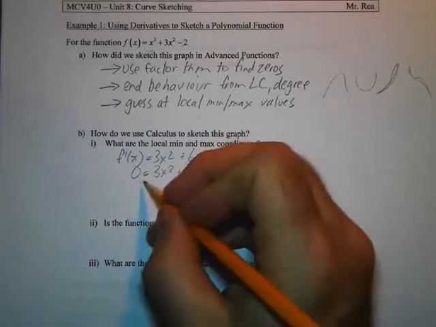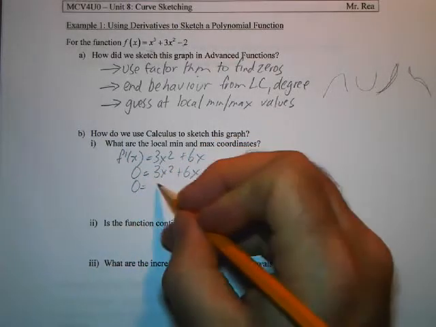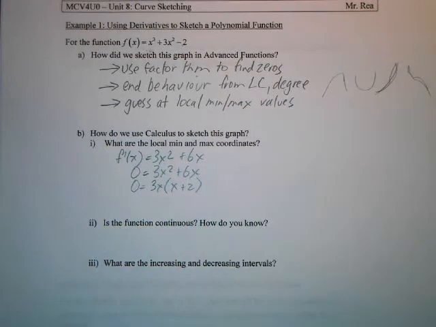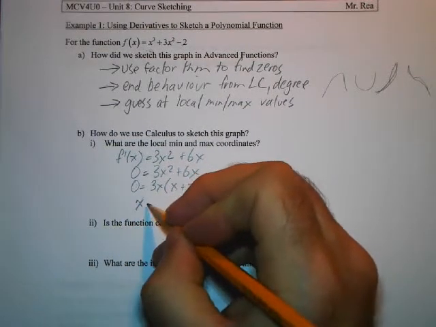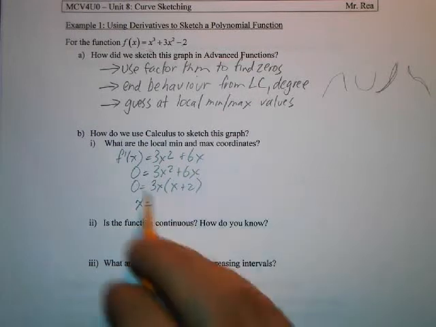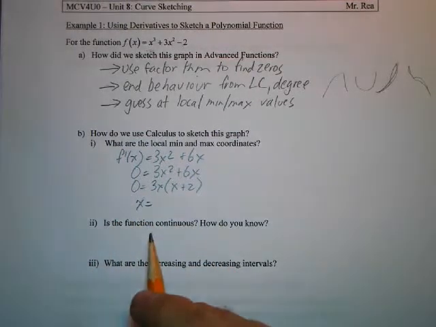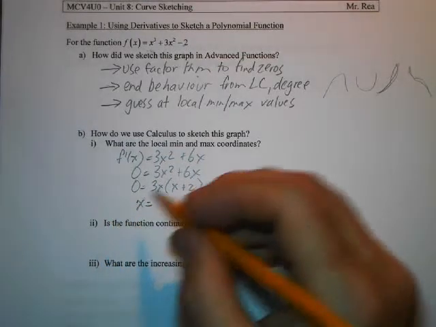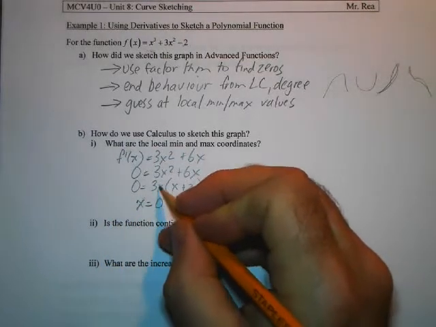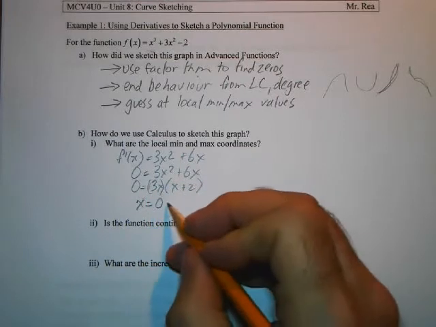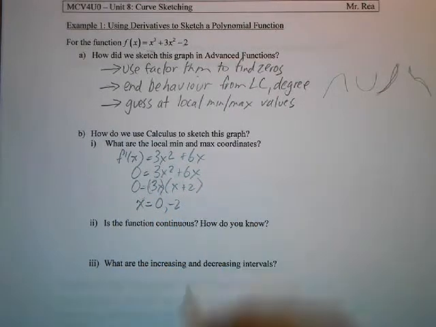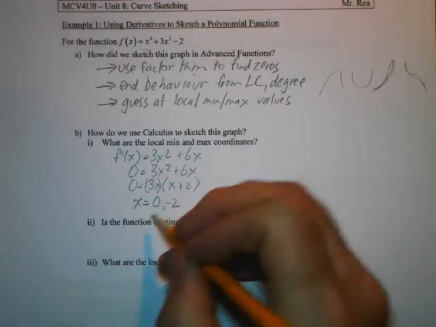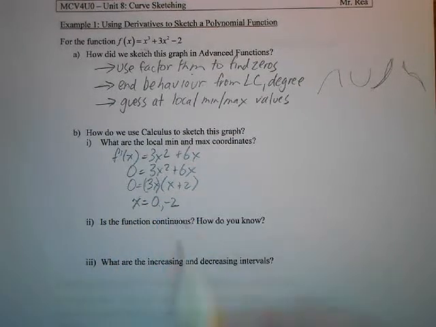So one thing we can do here is factor out 3x, and we get x plus 2, and that tells us that the values of x that have a horizontal slope, or a slope of 0, are 0 from the 3x and negative 2 from this second factor. So we know we have two critical points at 0 and negative 2.